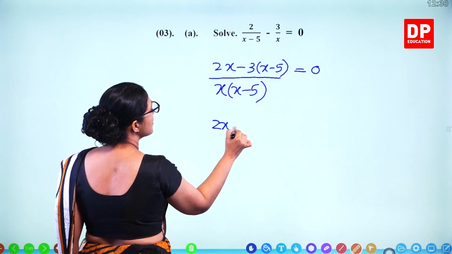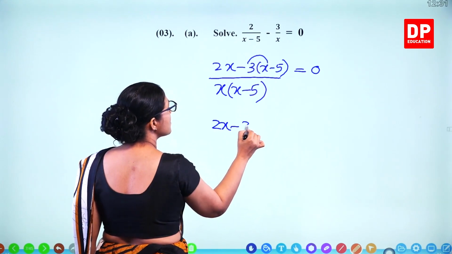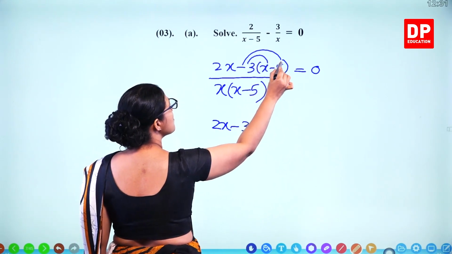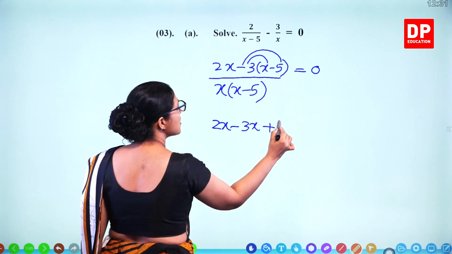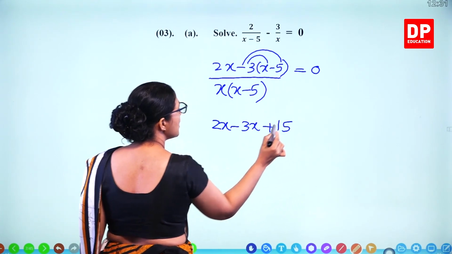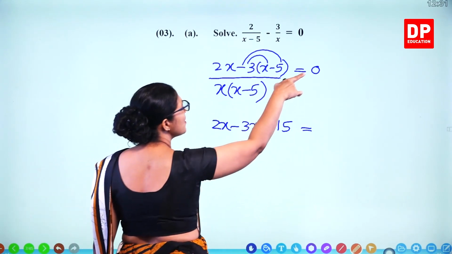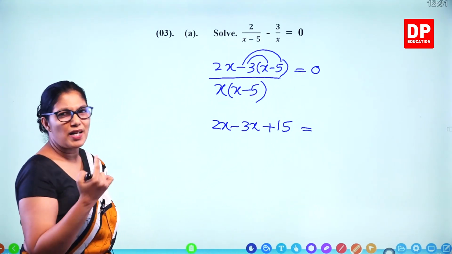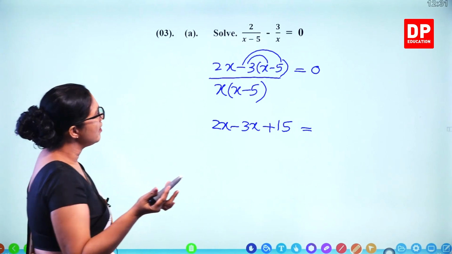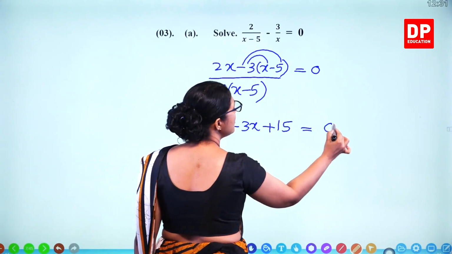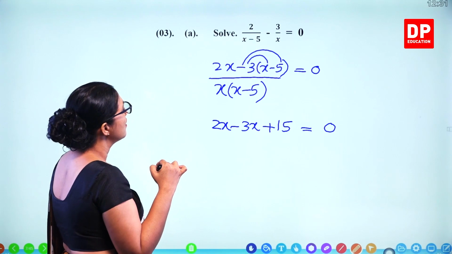Open brackets. 3 times x, 3x here. 3 times minus into minus, plus 3 times 5, 15, is equal to, here what happens? When you multiply by 0, it gets cancelled out and you get just a linear equation. That's 0.